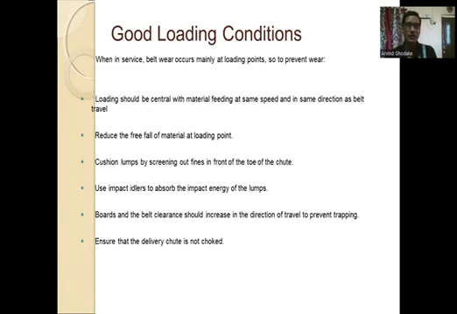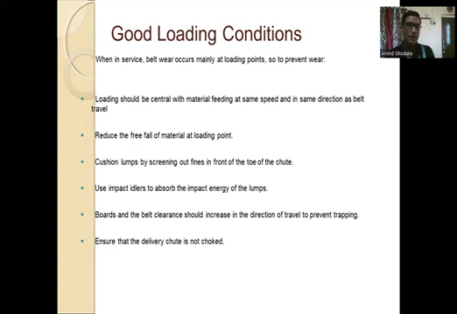Next, good loading conditions for the belt conveyor. In service, belt wear occurs mainly at the loading point. To prevent wear, first, loading should be central, with material feeding at the same speed and in the same direction as belt travel. Second, reduce the free fall of the material at the loading point.